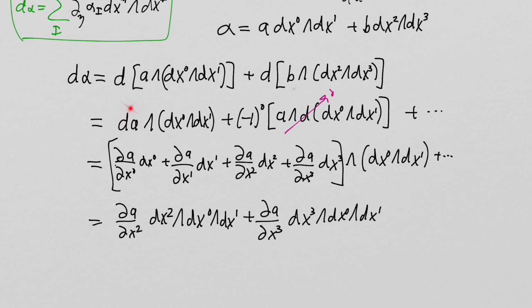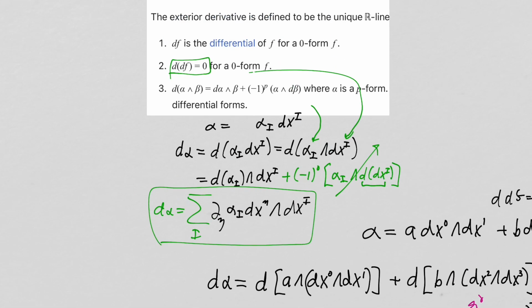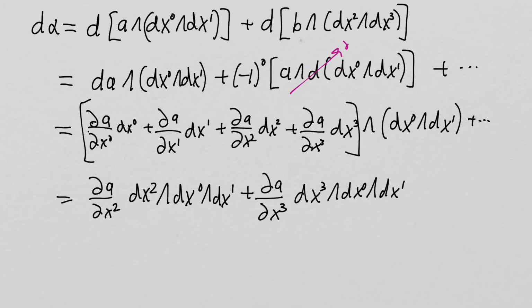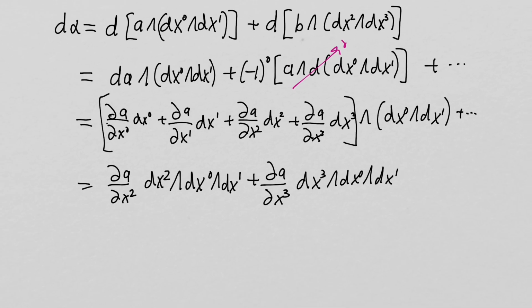So now we take the exterior derivative of this function a. That is the differential of the function. So that's a beautiful part of our algorithms: the exterior derivative of a function is the differential. In regular calculus, this is called the differential of the function a. I guess that's where this language comes from.